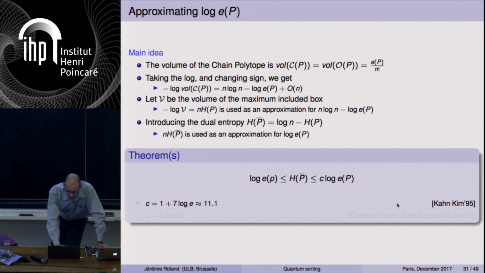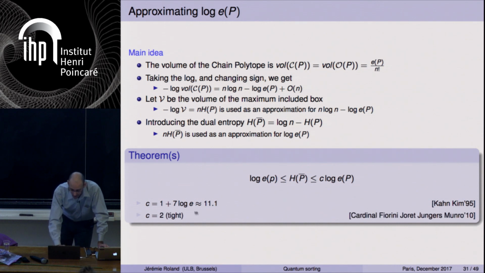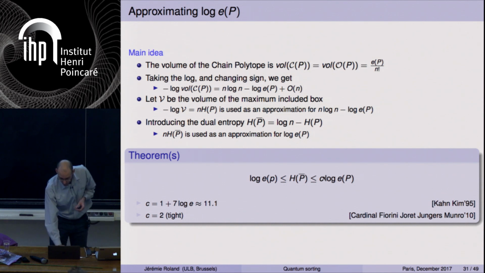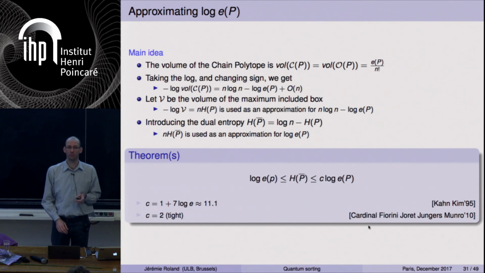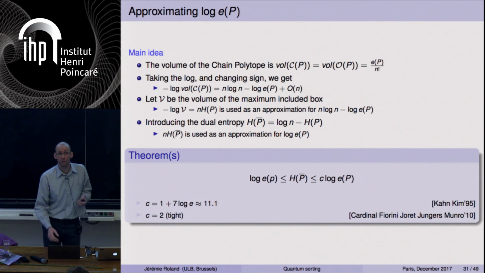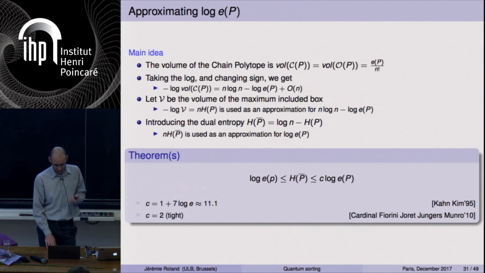Originally it was about 11, and more recently it was proved that we can take c equals 2, and this is actually tight. In some cases, there is indeed a factor of 2 between the two. This was proved by my co-authors and some of their collaborators. So this entropy gives a good estimation, up to a factor of 2, of the log of e(P), which is what we were trying to optimize.